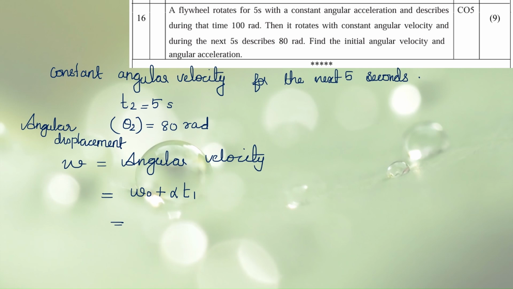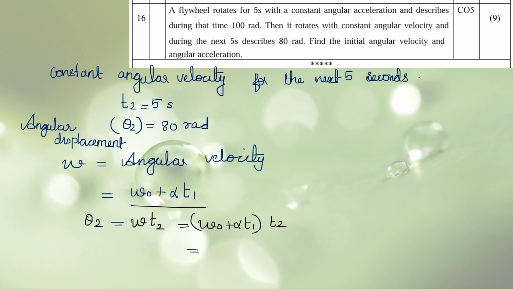Okay, and we know that what is theta 2? Displacement is velocity into time. Velocity is constant, right? Velocity is constant, so I can write omega into t2. Okay, so omega into t2. What is omega? Omega is omega 0 initial velocity plus alpha into time t1, into t2.